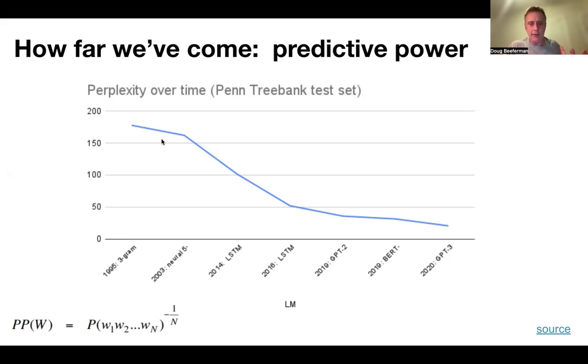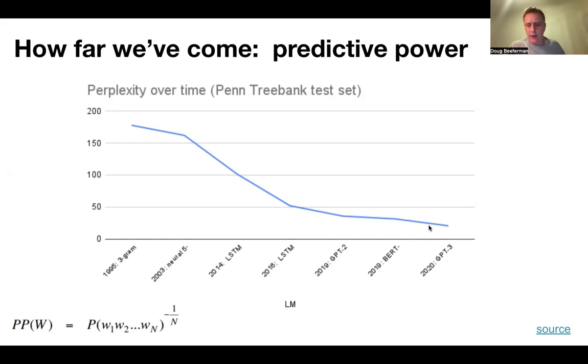And for perplexity, higher means worse. The perplexity of the kinds of 3-gram models that I showed you with my little chat n-gram experiment, for this very famous data set called the Penn Tree Bank, was back then in the high 100s or close to 200.